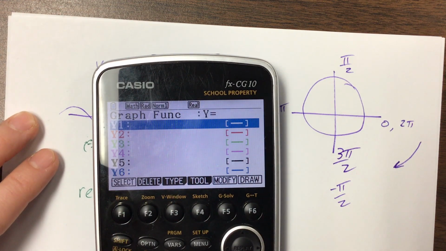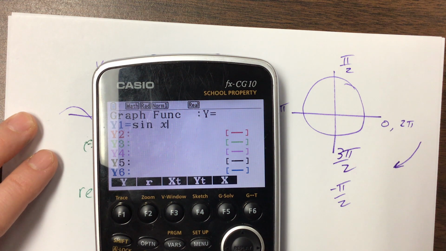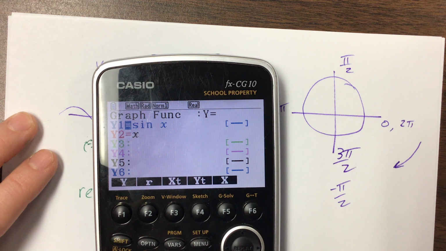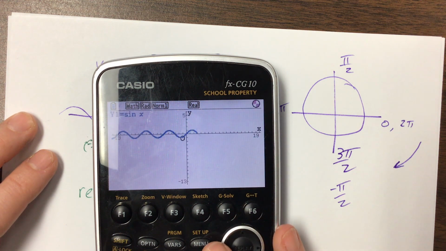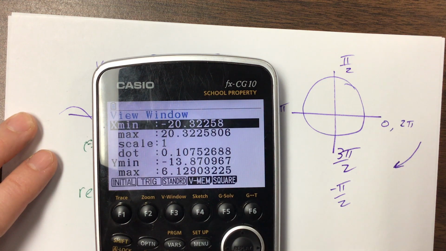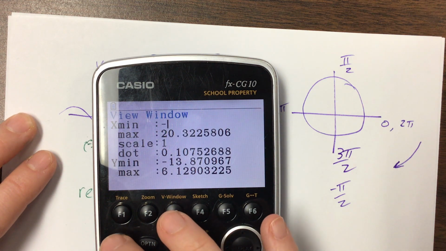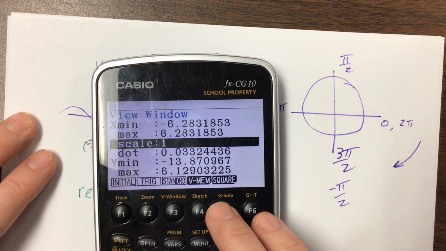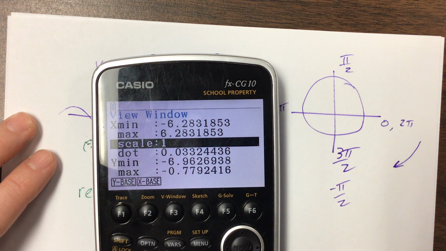Let's graph sine of x, and let's just graph y equals x. Let's change our window. Let's go from negative 2 pi to 2 pi. And then I'm going to make it square based on my x's.